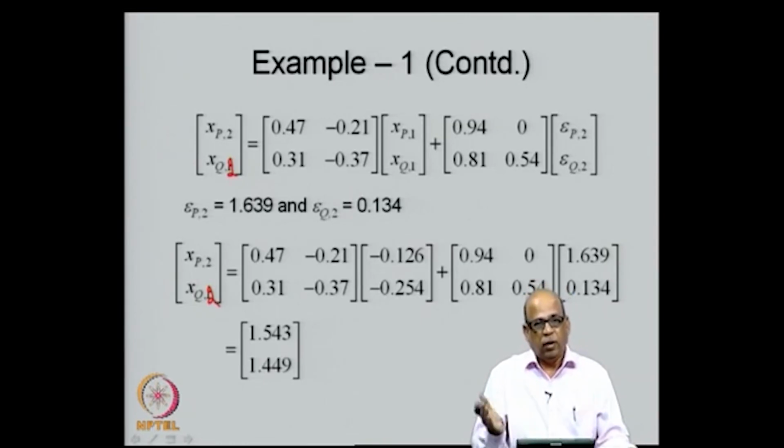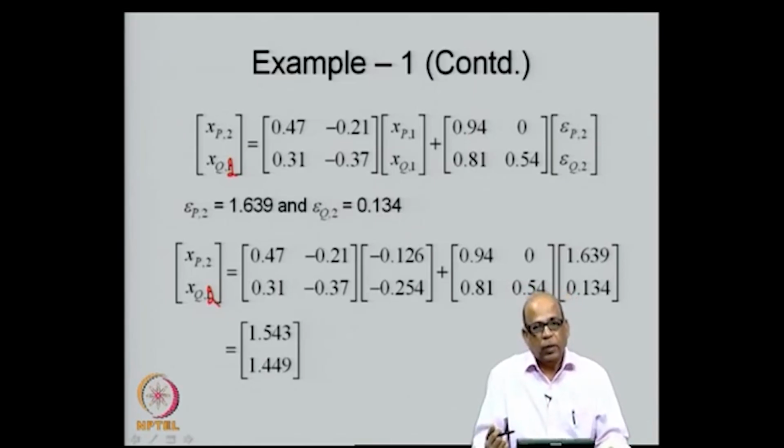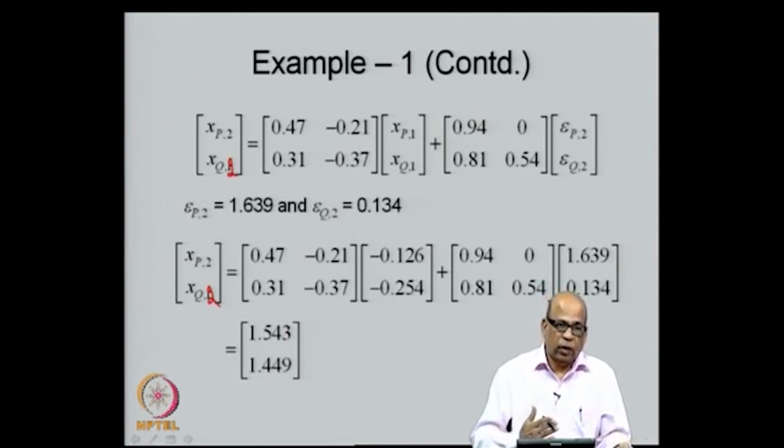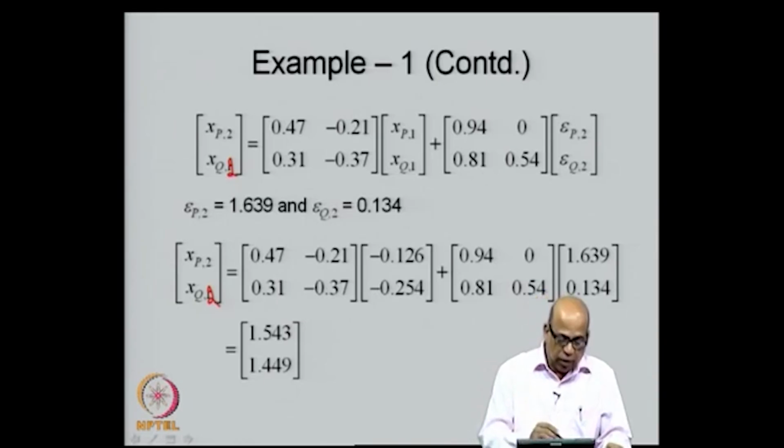Like this you can go to x p 3, x q 3 using these two values, x p 4, x q 4 using the next values and so on. So, this is how we generate the standardized values of the flows for the next few time periods. This t can be 100, 150 and so on, as I mentioned. From the standardized values, you can get back your flow values using the mean and the standard deviation.